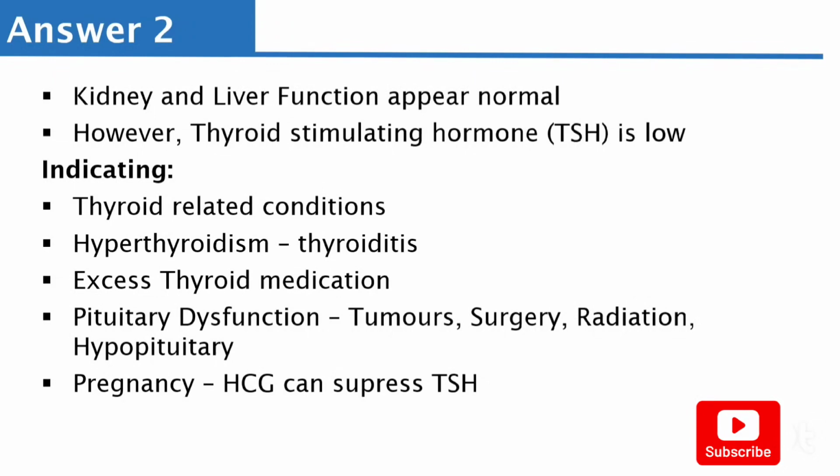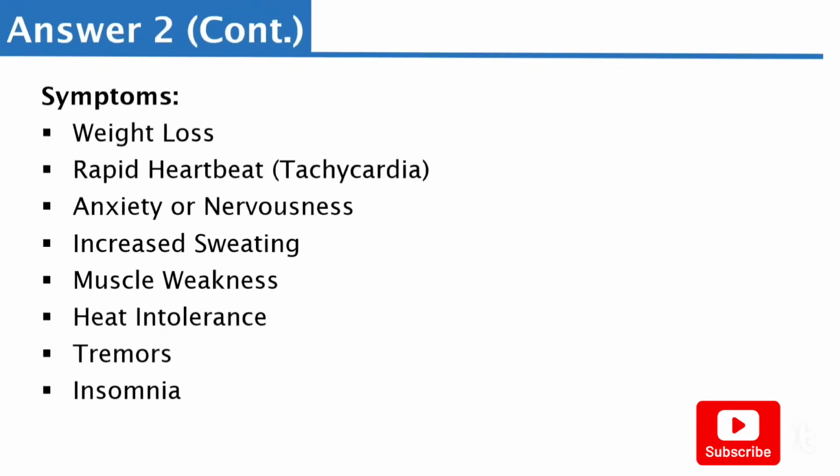So let's continue with the answer. What are the symptoms that can be associated with this? You can have weight loss, rapid heartbeat, anxiety, increased sweating, and many other things like I've highlighted here. Why did I put the symptoms? I purposely put the symptoms in case you go for an interview and they present the result and also give you the symptom.